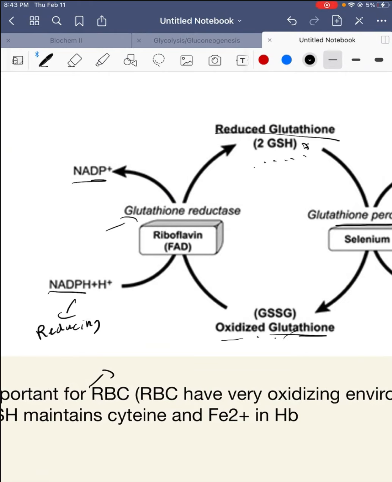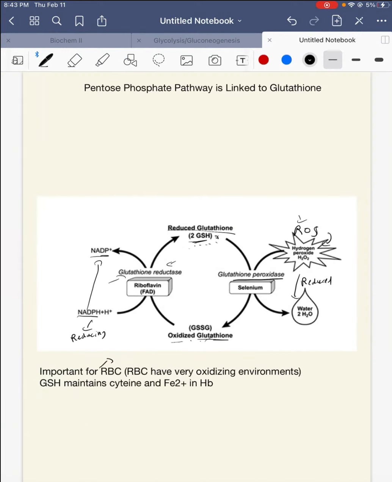This reduces glutathione to its reduced form, the 2GSH, and then NADPH becomes NADP+, and this is done by the enzyme glutathione reductase. Then the cycle continues. You have reduced glutathione, so this can participate in another reaction, and we reduce another reactive oxygen species, and then the cycle just continues.